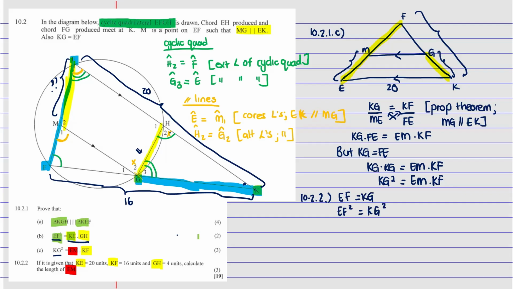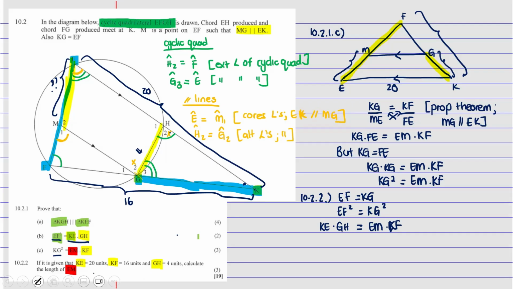So now at EF squared, we're going to substitute by this. So we know that KE multiplied by GH is equal to EM multiplied by KF. Is everyone okay with that?